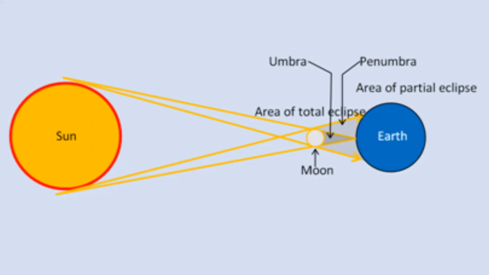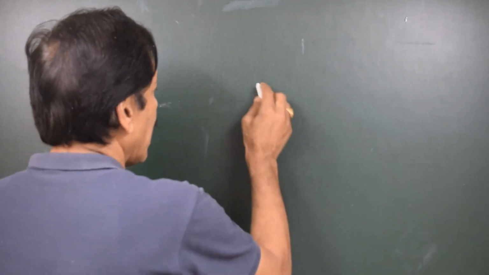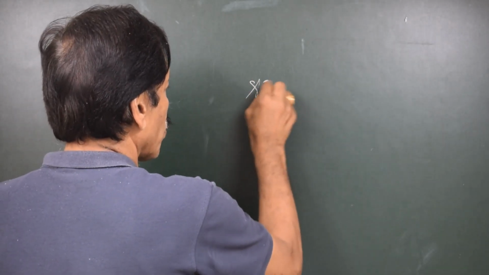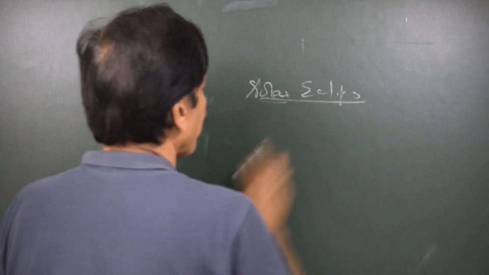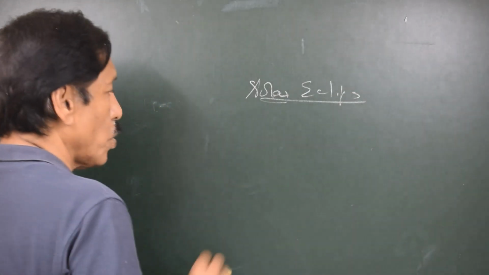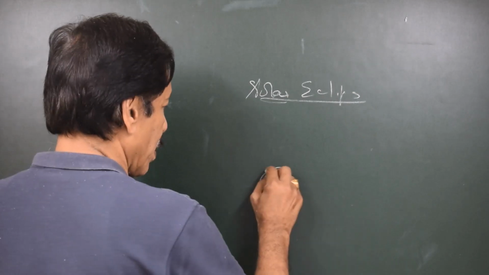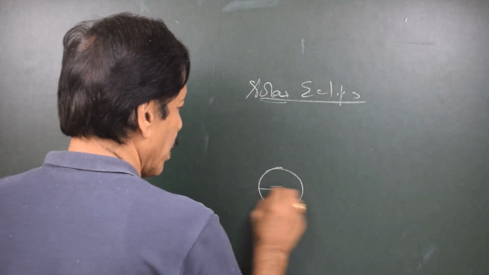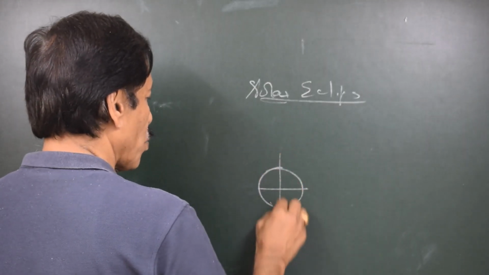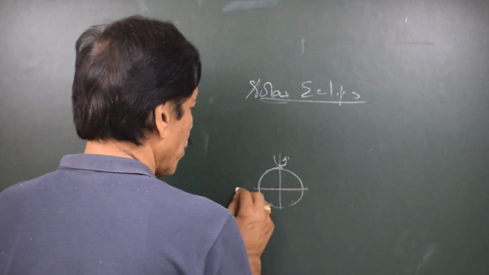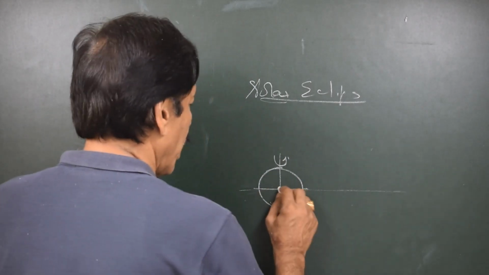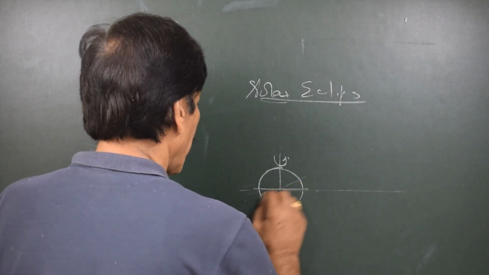Now let us try and understand the solar eclipse. On similar lines, let us talk now about the solar eclipse. Right? So let us say this is the earth. Don't go by proportion, because I just want to emphasize certain points, so I have made the earth big. This is the plane of the equinoctial and this is the plane of the ecliptic.